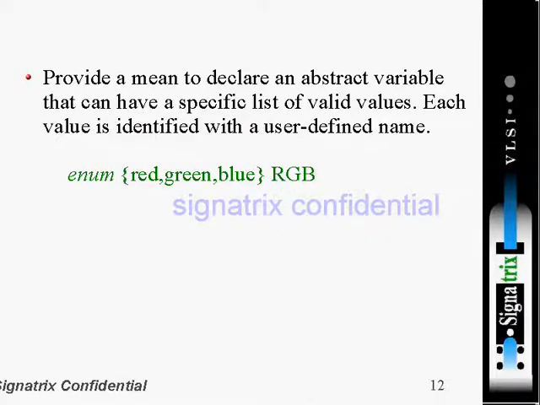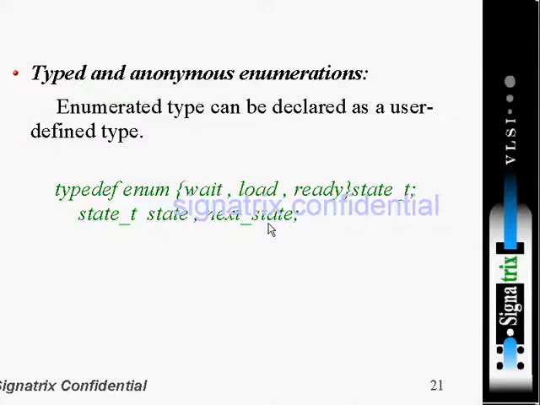It provides a means to declare an abstract variable that can have a specific list of valid values. In VHDL, that is nothing but enumerated. So each value is identified with a user defined name. Then typed and anonymous enumerations. Anonymous enumeration means what?